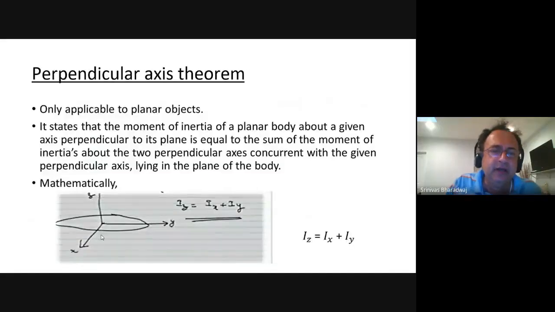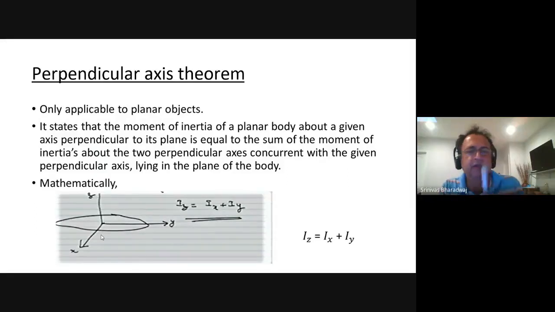Now, the other rule is this perpendicular axis theorem. Okay, so now if you had to make this rod spin like this versus this rod spin like this, right? That is what this perpendicular axis theorem states.